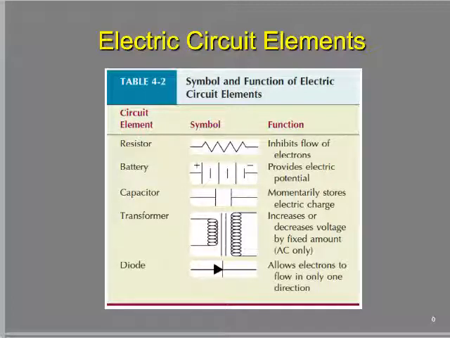All right. The other thing that we need to understand from an electrodynamics point of view is we need to be comfortable with these symbols here. So I've already mentioned that we got Charlie Brown's sweater there. That's the resistor, right? We got this weird looking thing that they say is a battery. You know, electrical engineers clearly didn't take any art lessons, but a capacitor. And believe it or not, you are a capacitor, right?